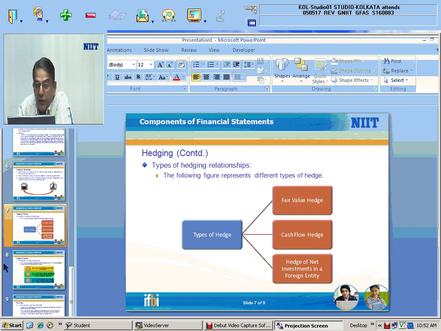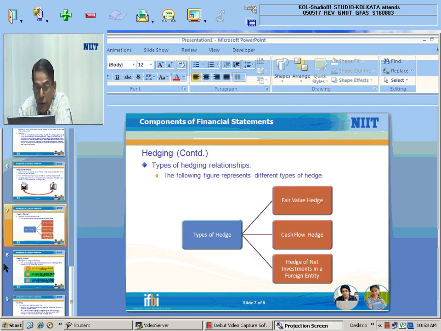Cash flow hedge is a hedge of the exposure to variability in cash flows that is attributable to a particular risk associated with a recognized asset or liability or a highly probable forecast transaction which could affect profit or loss. Example, a hedge of the foreign currency exposure associated with the liability as seen in the last example.